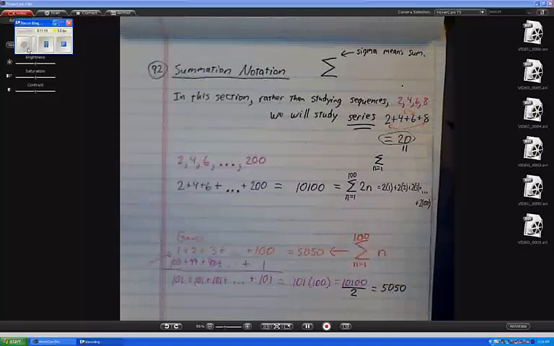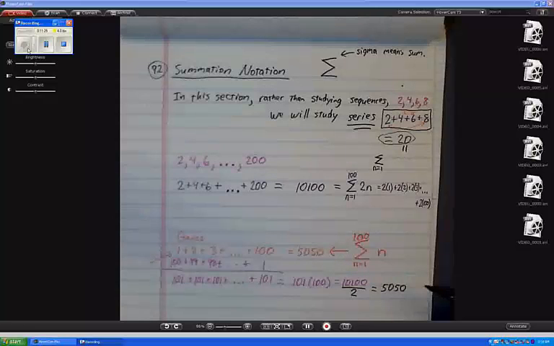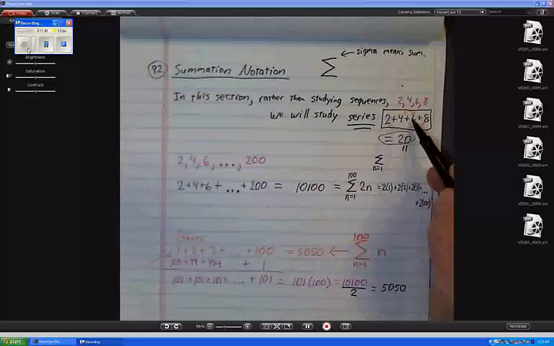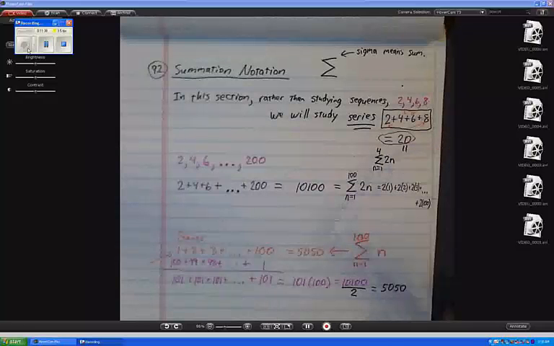You want to look at the series itself, and you want to say to yourself, well, how many terms are there? Now, there's 4, right? 2, 4, 6, 8. There's going to be 4 terms. N equals 1 to 4, 2 times n. Always take 2 times n.